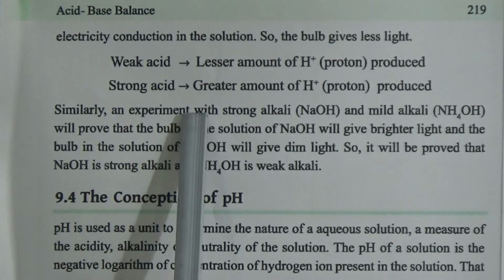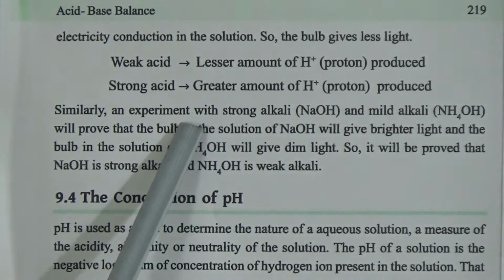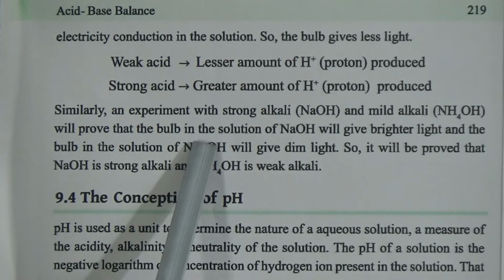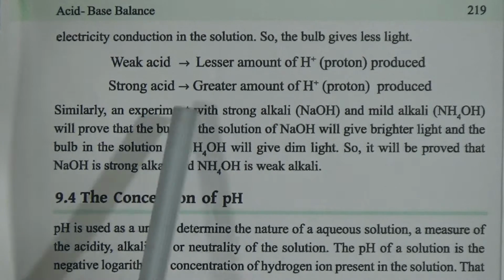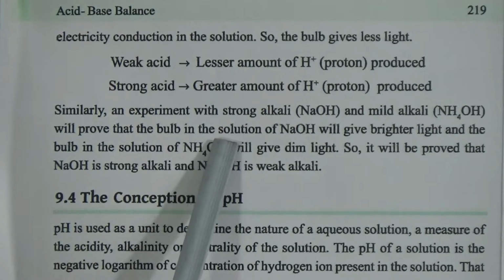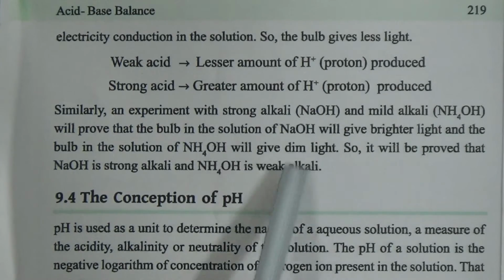Similarly, through this type of experiment we can also prove the strong base produces more hydroxyl ions and the weak or mild base produces a lesser amount of hydroxyl ions.